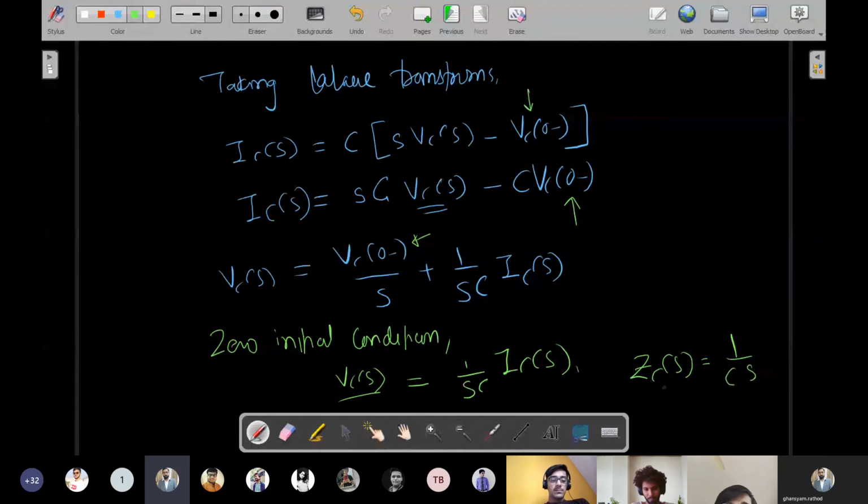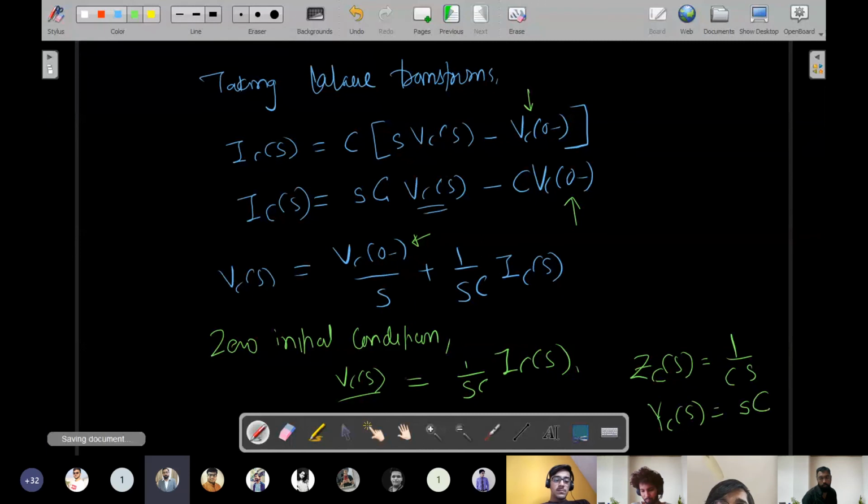And the reverse of this is admittance, that is Y of s equal to sC or Cs. Okay, so this is for capacitor.